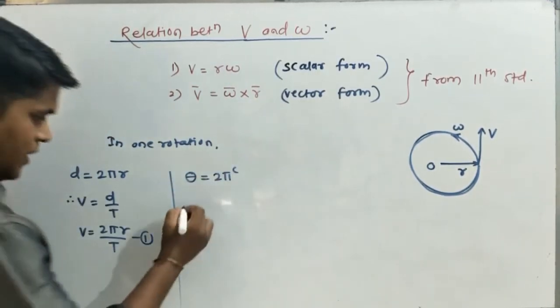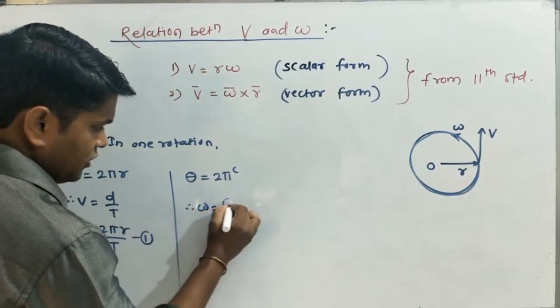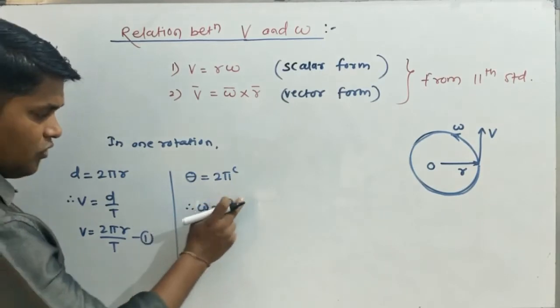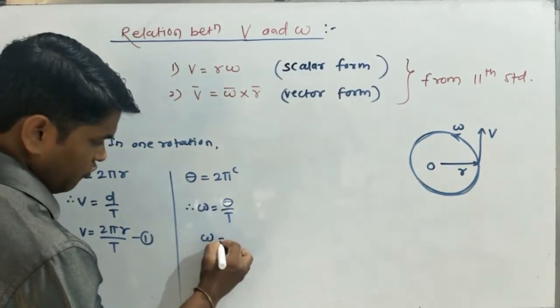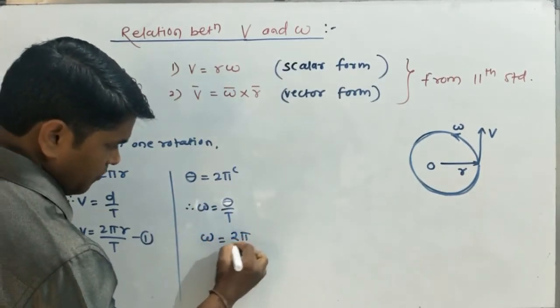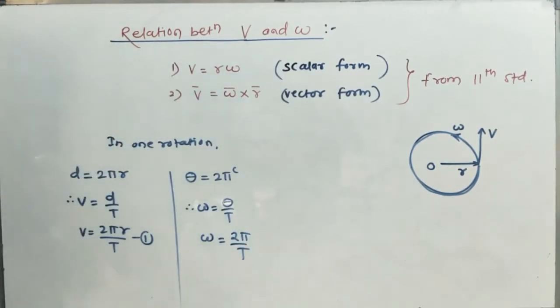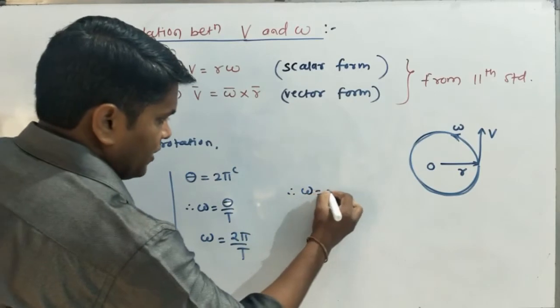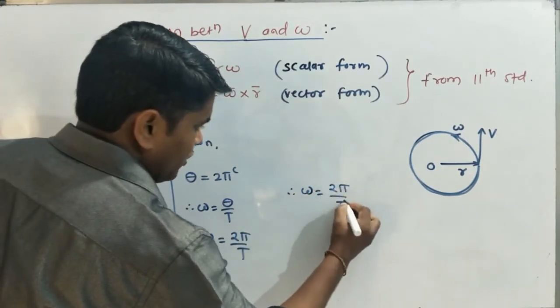Understood? But omega is what? It is theta upon t. Angular velocity is angular displacement upon time. So omega is equal to how much? It is 2 pi upon t. Now rearranging the terms, we get omega is equal to 2 pi upon t.